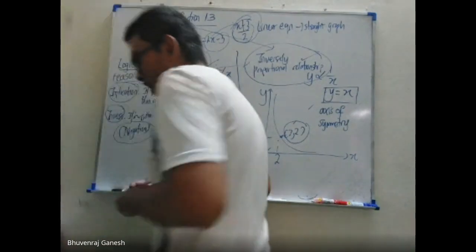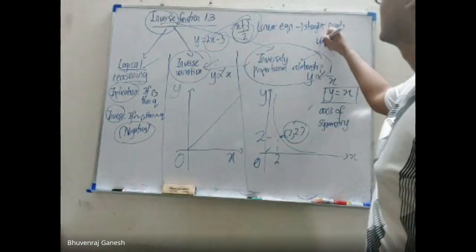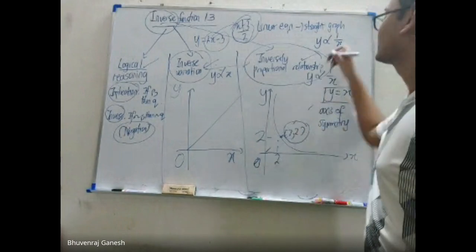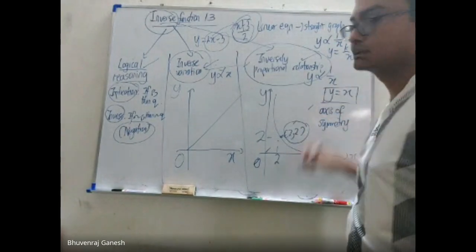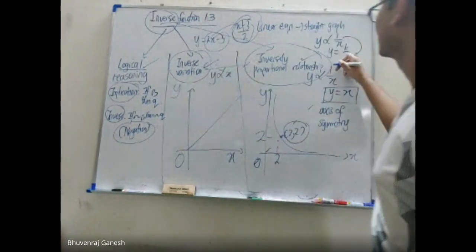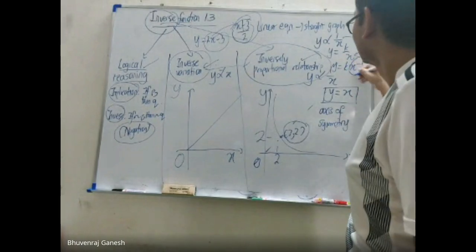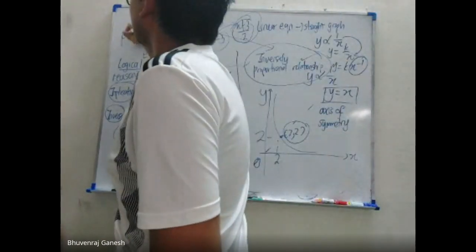Another thing inverse functions tell you is, let's say y is inversely proportional to x, you get y is k over x. Here I'm converting variation to equation form, since a function is something like an equation. When you shift x, you'll realize it is kx to the power of -1. And inverse function has a notation like this.